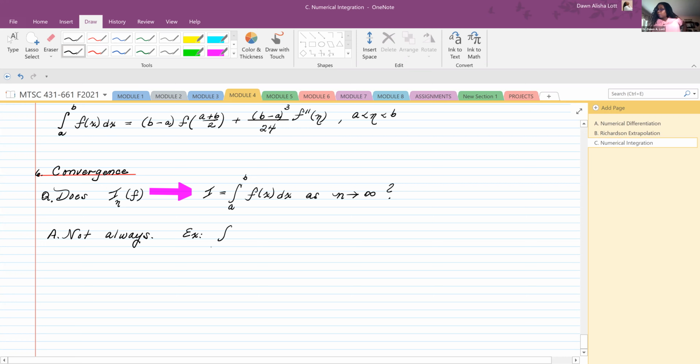So one particular integral that we can show will not work is the integral from -4 to 4 of 1 over 1 plus x squared dx. Actually, as you start adding n, like we're getting ready to do now, it will diverge. Now what we just talked about was very simple.